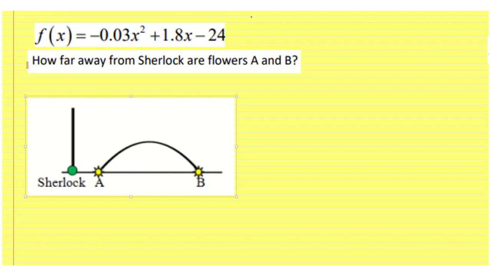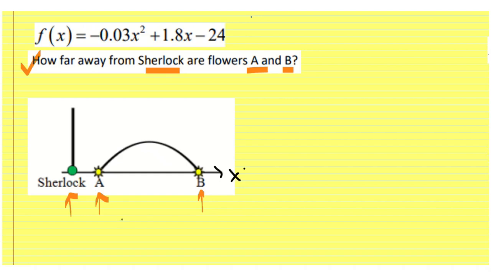Okay, our next question says, how far away from Sherlock are flowers A and B? So here is flower A, here is flower B, and right there is Sherlock. And remember, this is our x-axis, and this whole axis represents the distance.